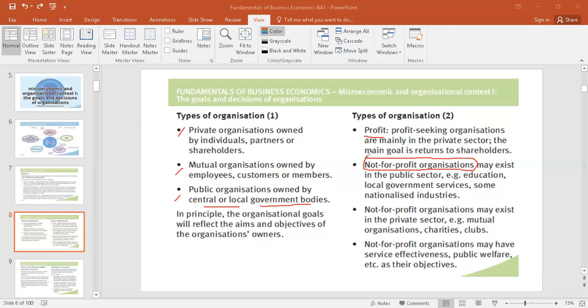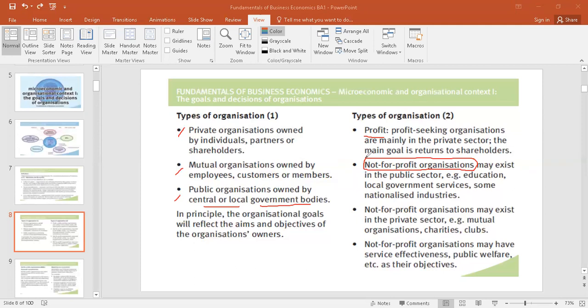There are certain other organizations which are established where they do not have this objective of maximizing profit or earning profit in the first place. The purpose behind them being established is to render some service to whoever is the stakeholder. Stakeholders could be anybody. So their purpose is basically to provide some service to the stakeholders.